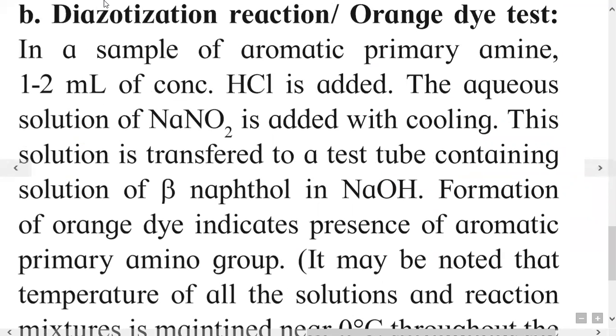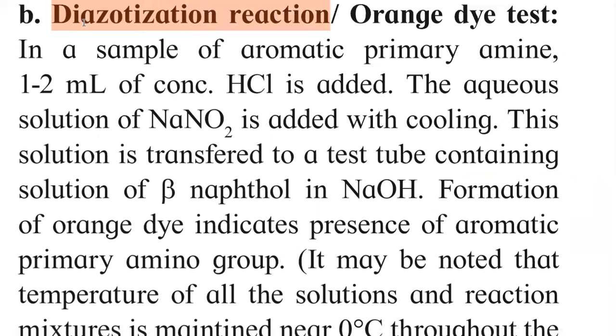The second test for this amine is the diazotization reaction. This test is also called the orange dye test, because in this test the color of the product obtained is orange, which indicates the diazotization reaction.